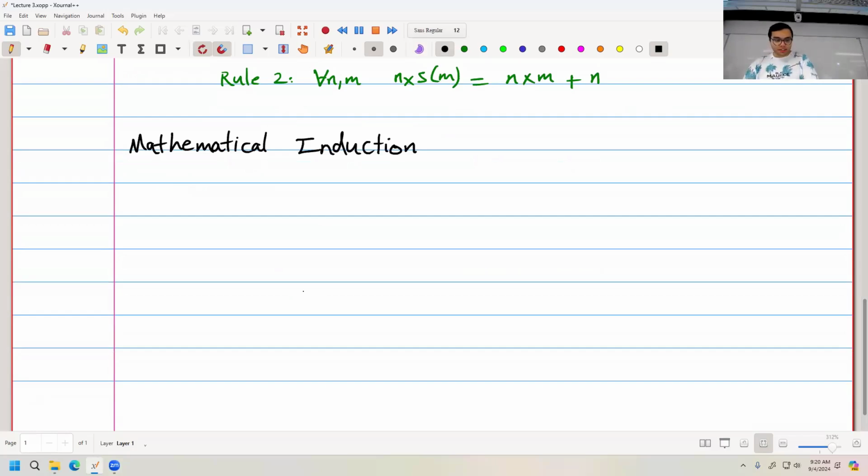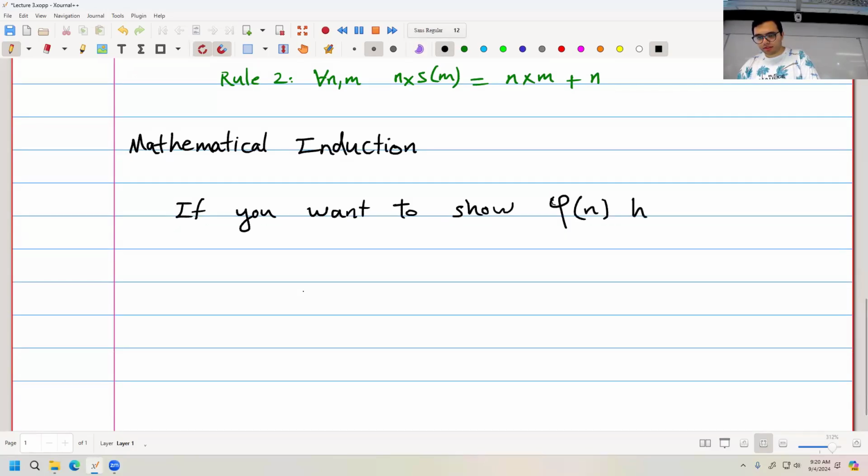So the idea is this: if you want to show that, let's say, phi of n holds for all natural numbers n, you do two things.